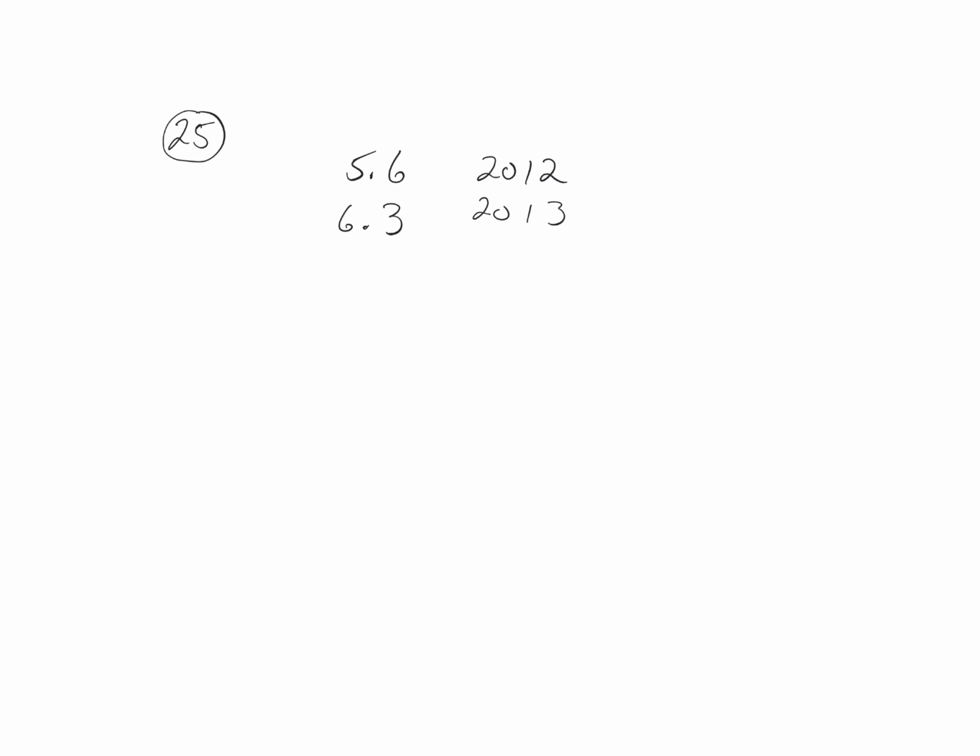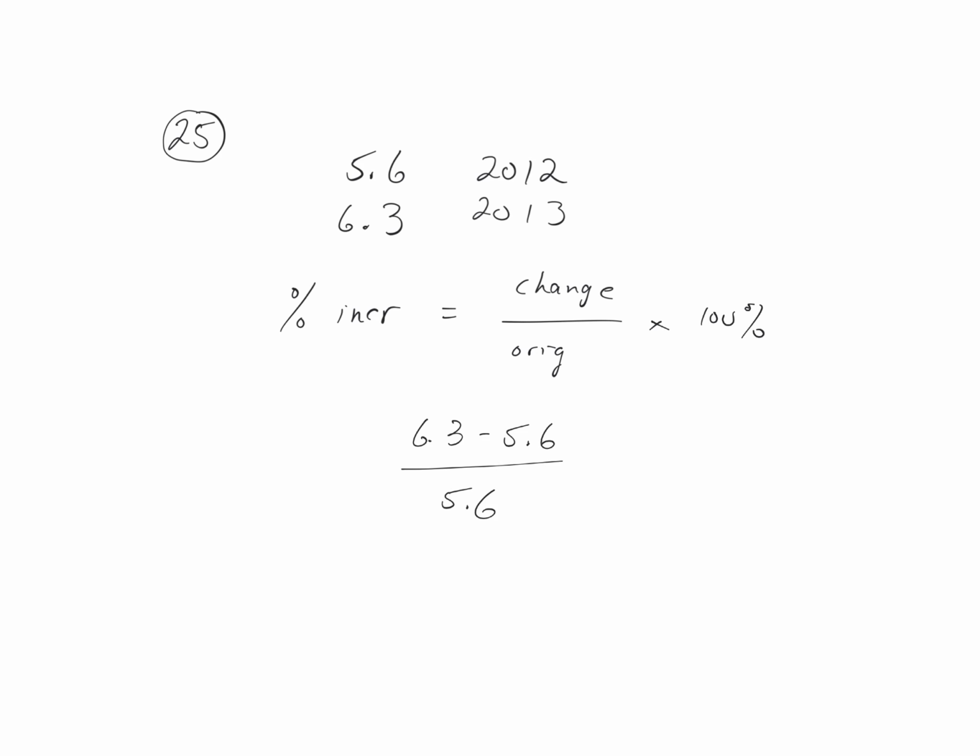And so the percent increase is always equal to the change divided by the original times 100%. So we have 6.3 minus 5.6 over 5.6. And that is going to be 0.7 over 5.6.